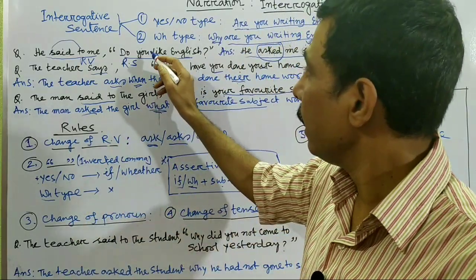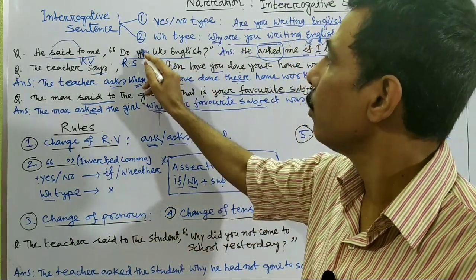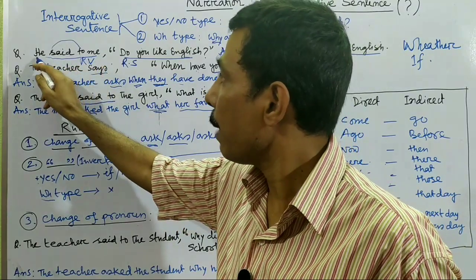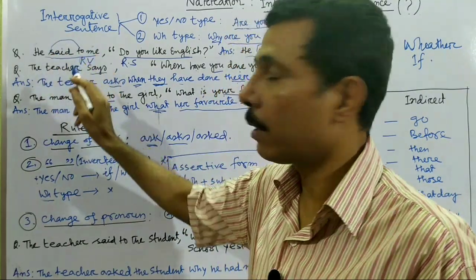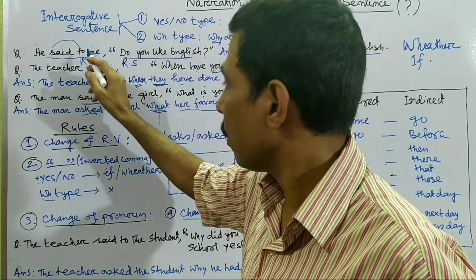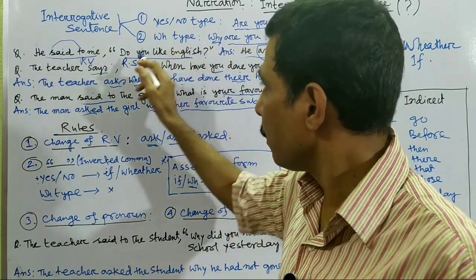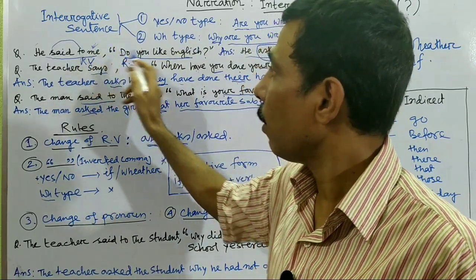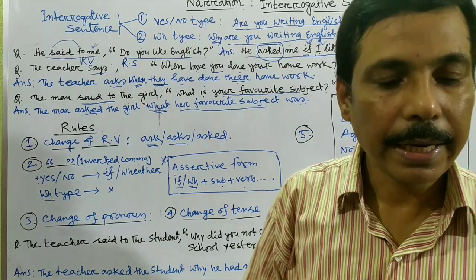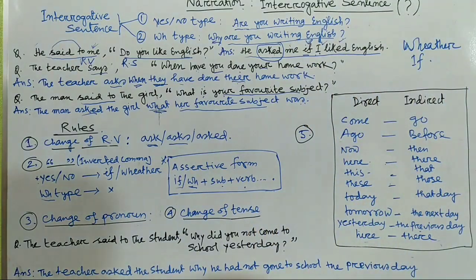And if you find second person inside, you change it according to the object, the person to whom the subject tells the speech. And if you find third person inside the RS, that means inside the inverted comma, there will be no change of pronoun; third person remains unchanged.